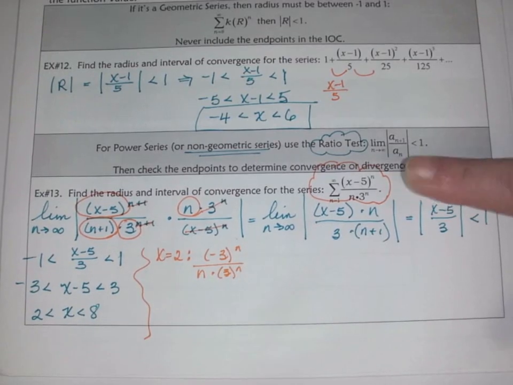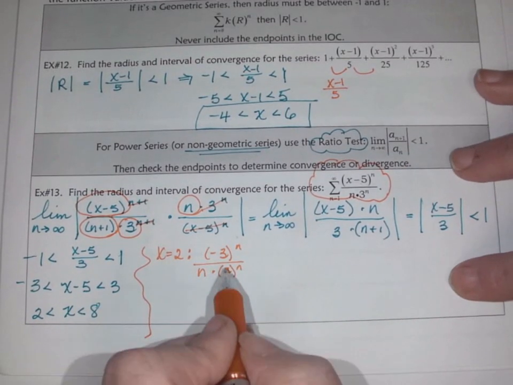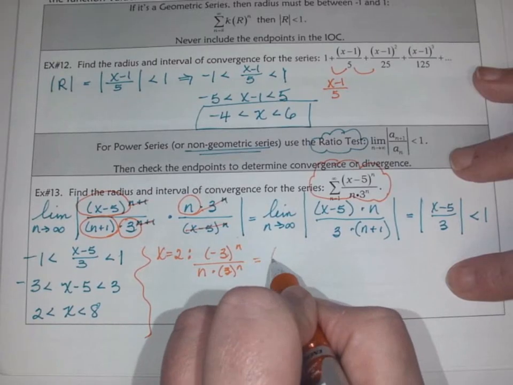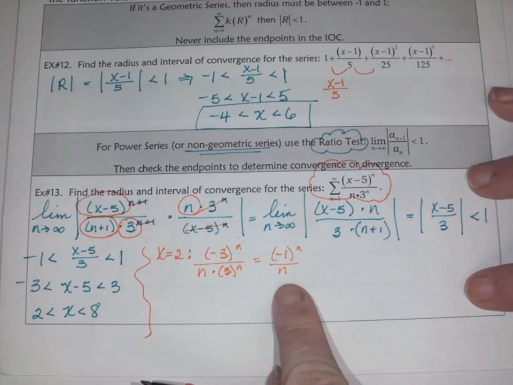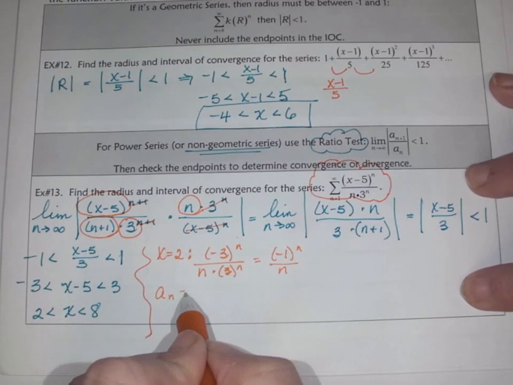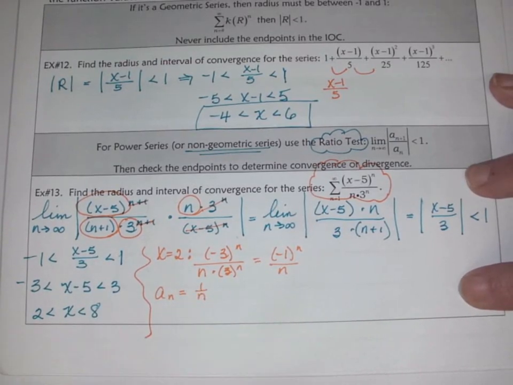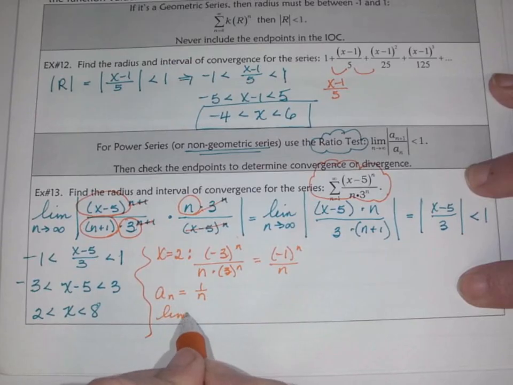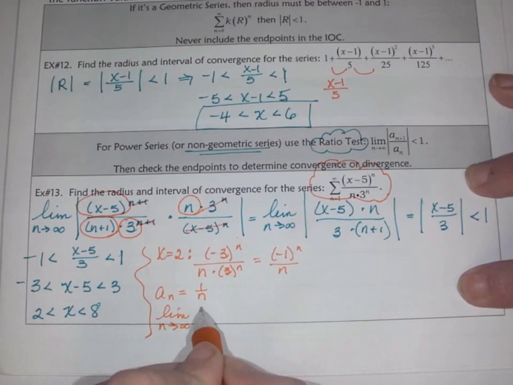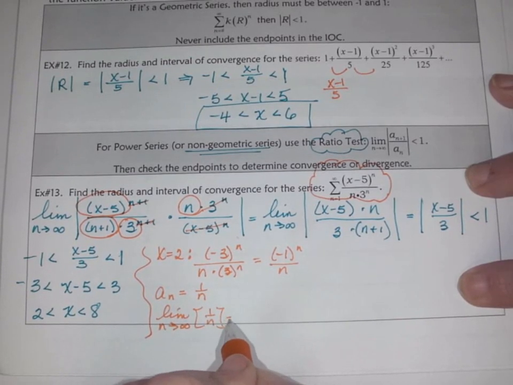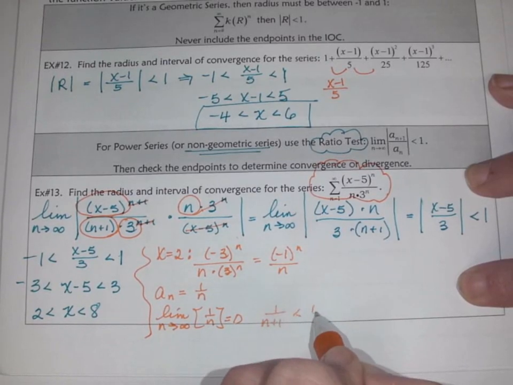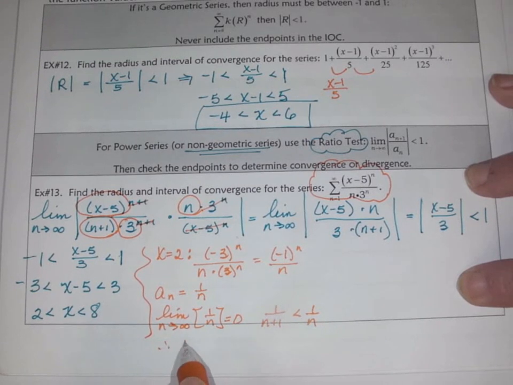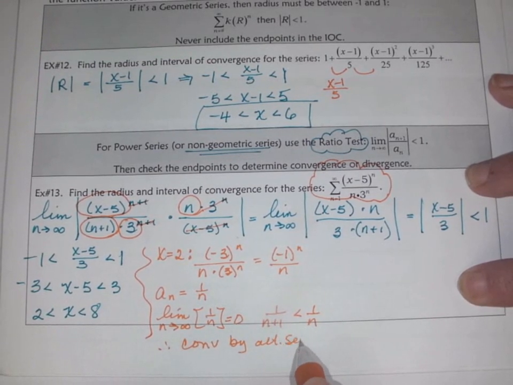Like exponents means we can divide those bases. So negative 3 divided by 3 is negative 1 to the n over n. That's an alternating series. So a sub n is equal to 1 over n. So two conditions: the limit as n goes to infinity of 1 over n is equal to 0, and then 1 over n plus 1 is less than 1 over n. So therefore, we converge by alternating series.